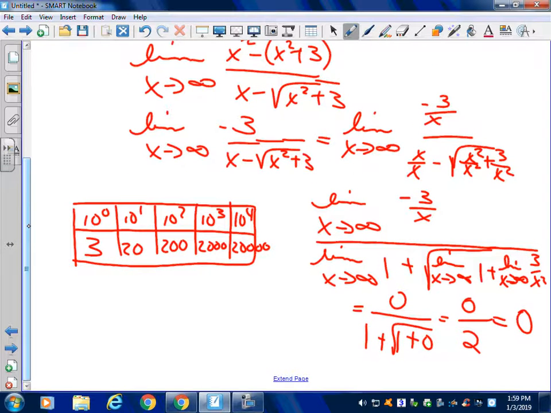Go back and type the original problem in the calculator. Y equals the original problem before we started putting stuff on it.